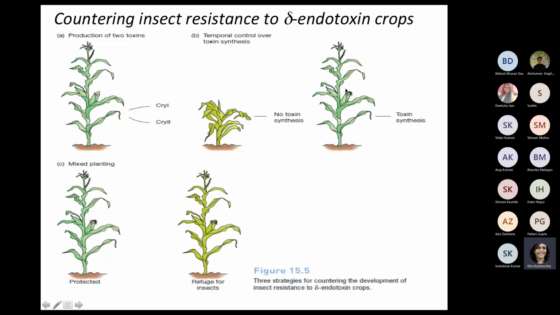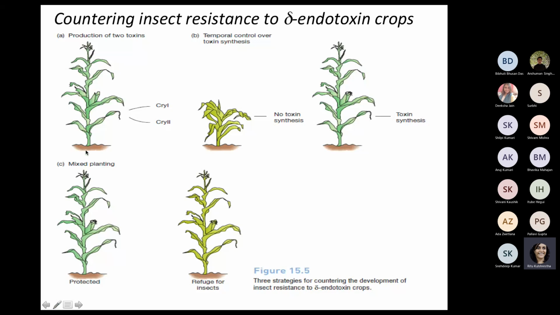It is only at this cob stage that the insects get attracted to this particular plant and damage the cobs. So the idea was, can we have a controlled expression of this toxin, which only gets expressed in the cobs during this stage, and the insects are totally unprepared for it, and then they die. So this was also a very good strategy.